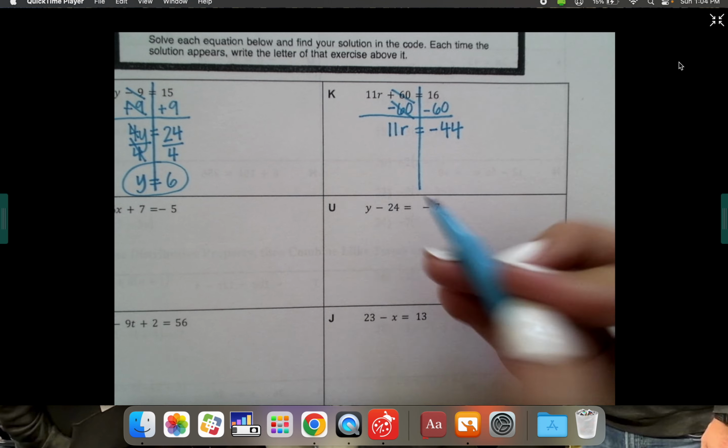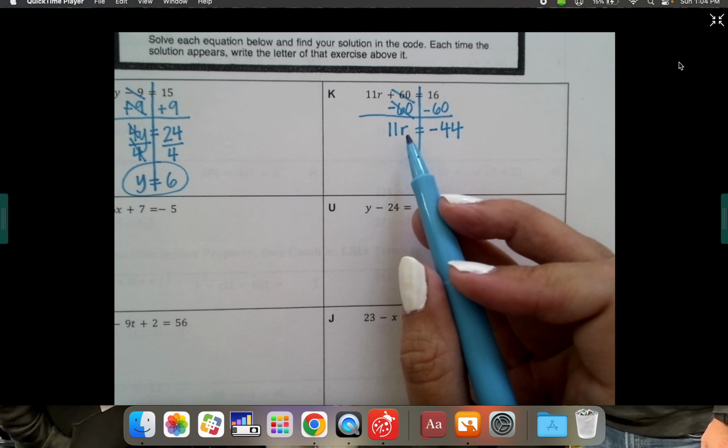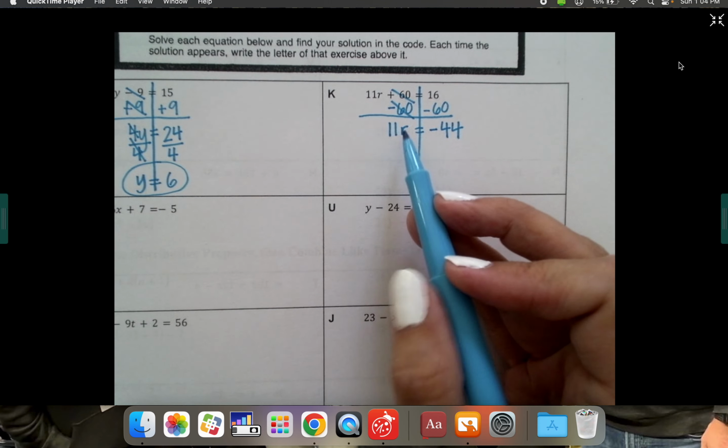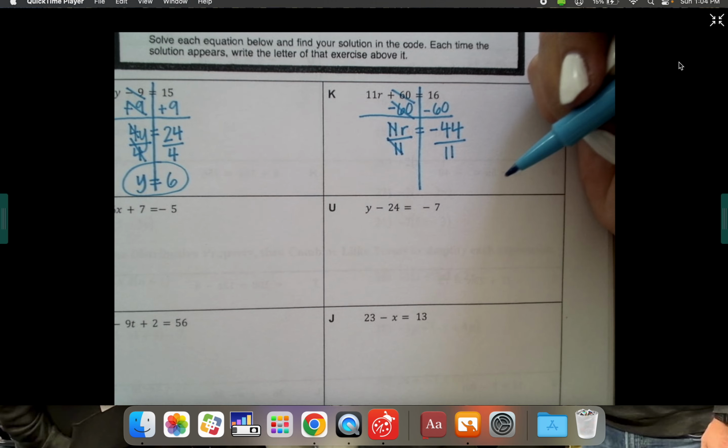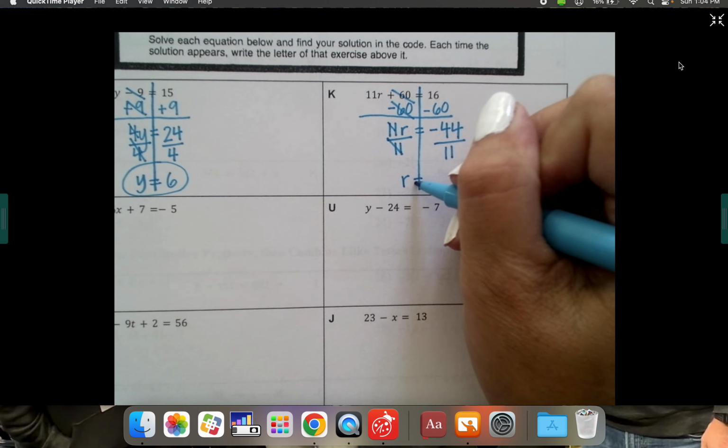All right, and then the last step, r is being multiplied by 11. Since there's no operation symbol in between, they're squished up against each other, which means they're being multiplied. So we are going to divide it by 11 on both sides. Show me that they cancel out over here, and it leaves r by itself.